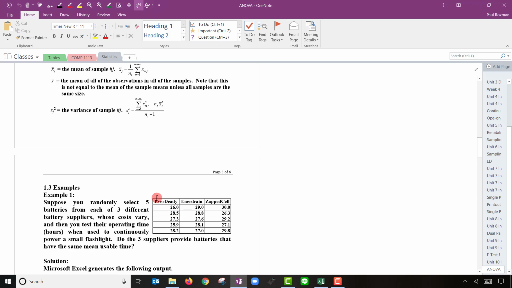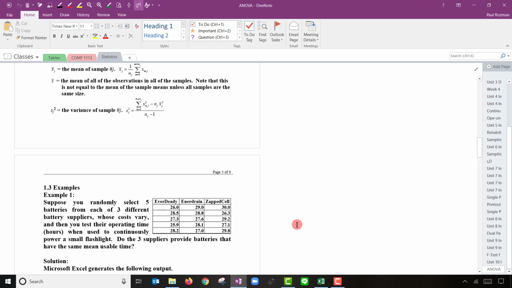The first set of Everdeady batteries lasted 26 hours. The last set of Everdeady batteries lasted 28.2 hours. And then we repeated the experiment with the 2 other brands. So basically we're going to compare the mean of group 1 to group 2 to group 3, and rather than doing it pairwise, we'll do this analysis of variance technique.